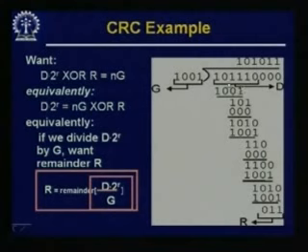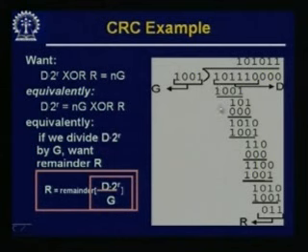And the point is that if you add this 0 1 1 over here, so instead of sending 101011 000, we add the remainder. Anyway, if you add it, this will become exactly divisible. That modulo 2 division will come out exactly.